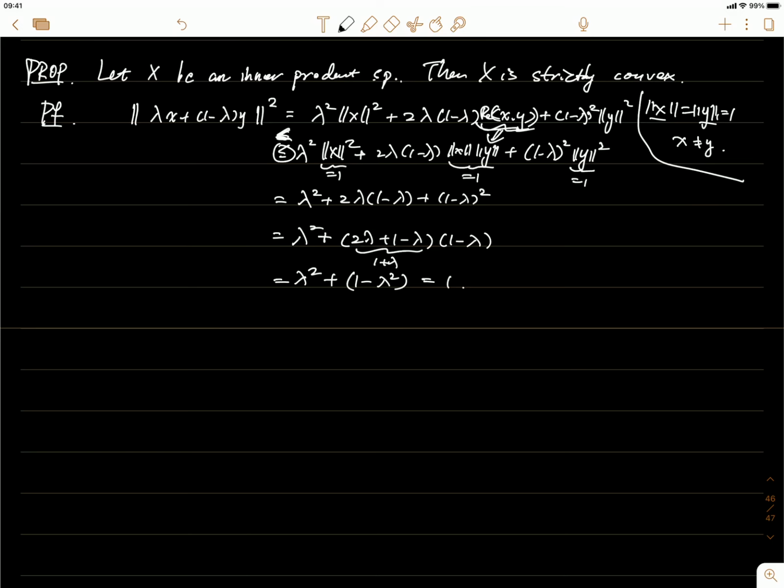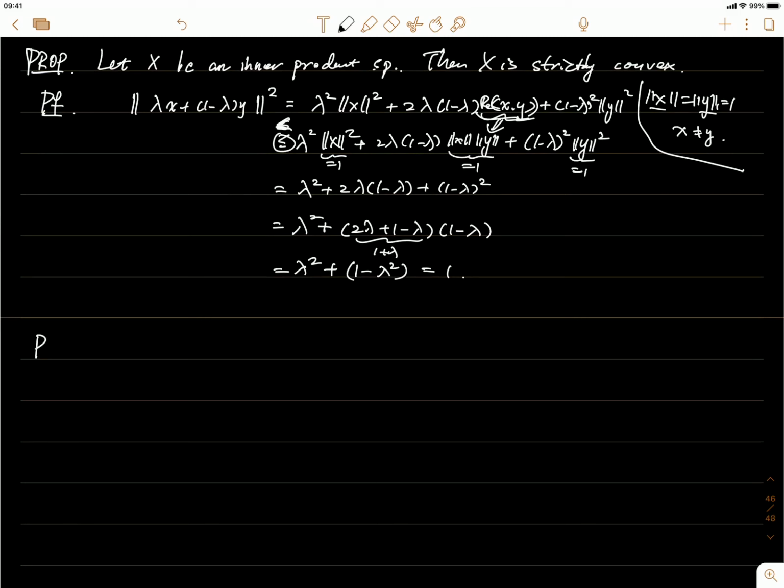Now I'm going to give you a proposition. The question is, we know that when we have an inner product space, we can use the inner product to induce a norm. But you may wonder if we only have a normed linear space, we have a norm, or we have a Banach space, is it possible to convert it into an inner product space?